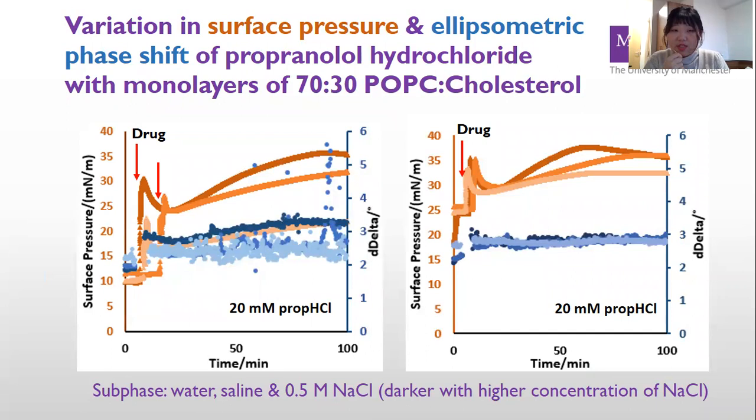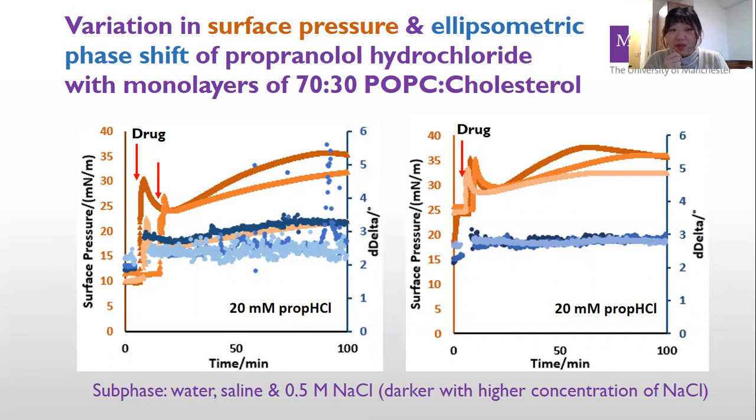The drug absorption can be seen from the increase in surface pressure after the drugs were injected. And with the increase in salt concentration in the subphase, the interaction seems to be stronger and faster, which indicates that the existence of salt can promote the interaction between drug and monolayer.